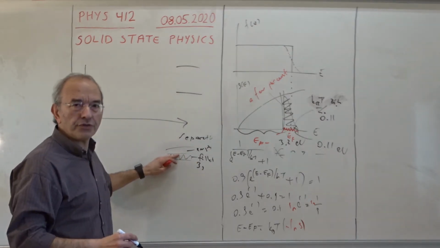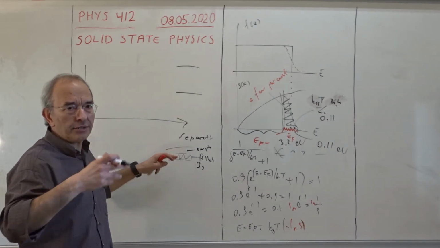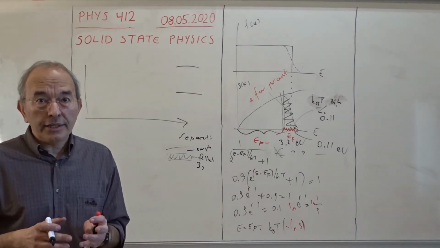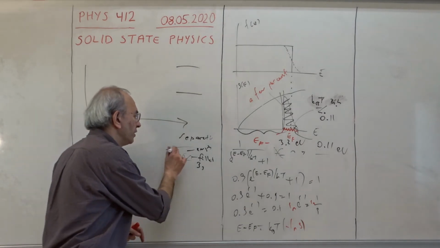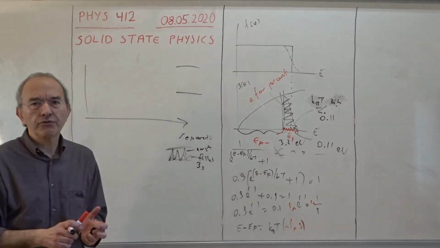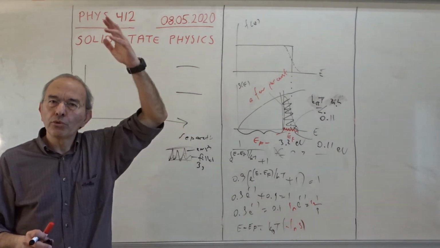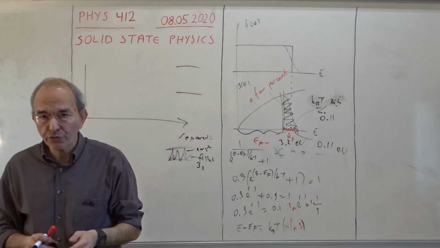So if one of these electrons finds enough energy, it can move to the empty part and contribute to the conductivity. However, if this were totally filled, it would be impossible for these electrons to move, to be promoted to higher states. There is no higher state allowed.